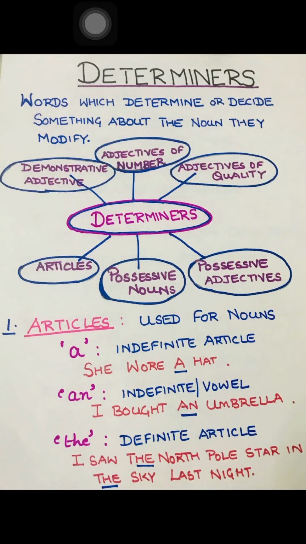Here, an is your indefinite article, as no specific umbrella has been discussed. We also see that the word umbrella starts with the vowel U. So we can easily conclude that the article an is used before a vowel. Just remember that A, E, I, O, U are vowels.